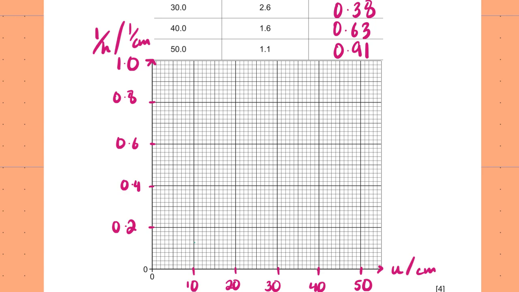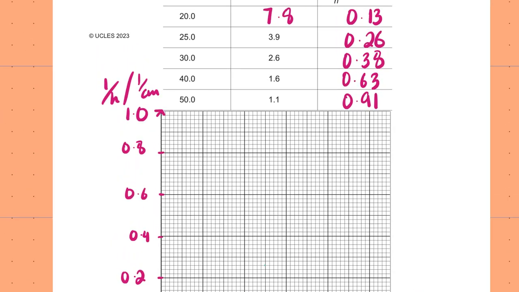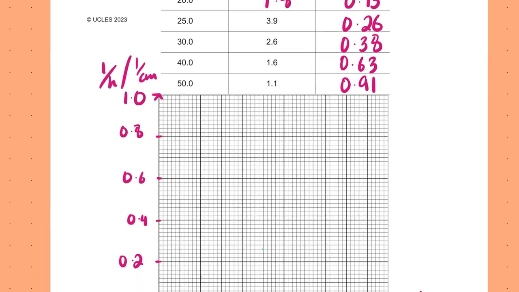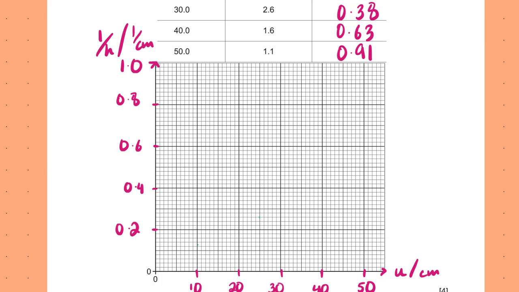Let's do this again, right? Then u30 is 0.38. So 30 and 0.38 is just going to be one box of the 0.4. Right? The smaller are these dots that you place, the easier is going to be the construction of the line.